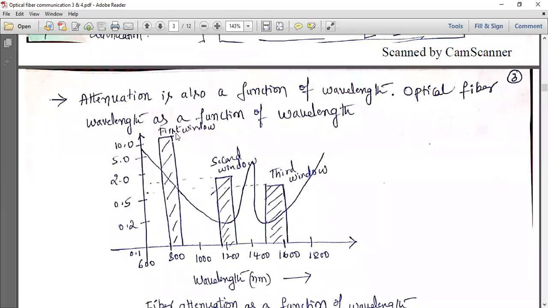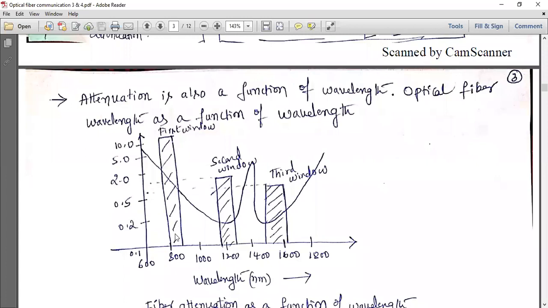Similarly in wavelength, operating around 0.8 to 0.82 is called one window. Another is 1.1 micrometer to 1.25 micrometer, or 1100 nanometer. So you have three different windows here.